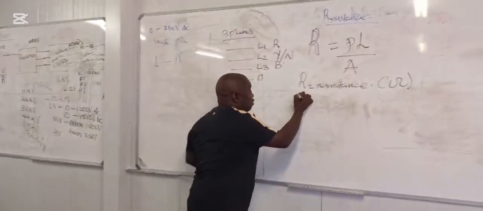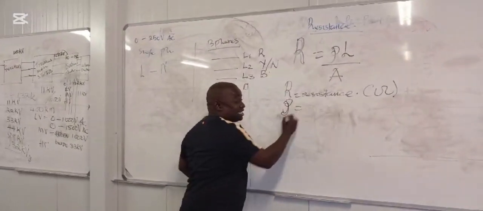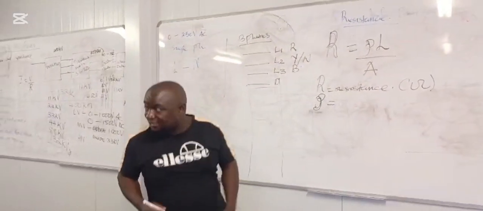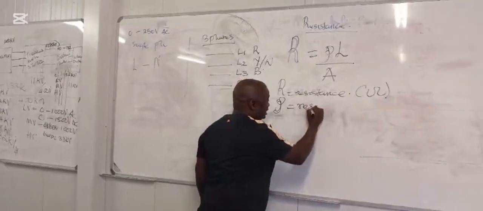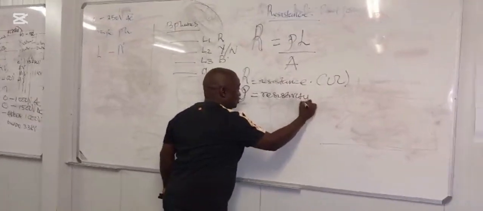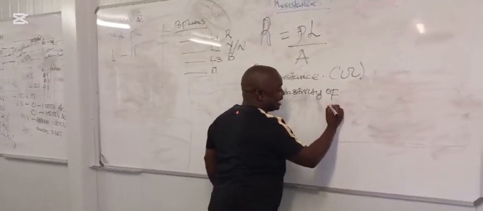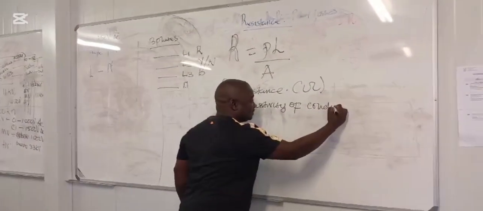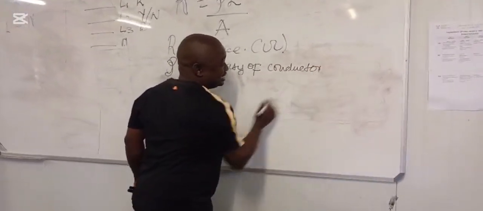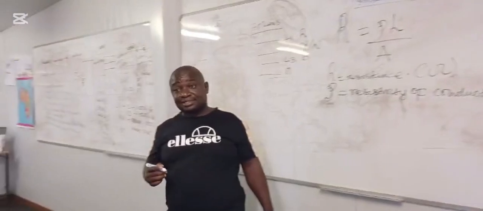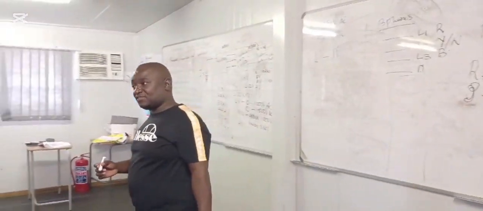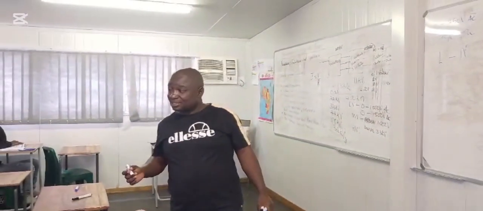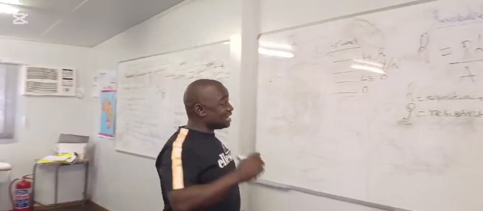Next, we also have rho. This is the letter rho, which means the resistivity of the conducting material, of the conductor. What is the SI unit for the resistivity of the conductor? Ohm meters.